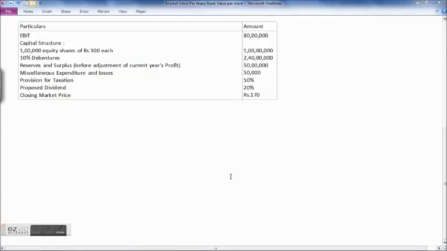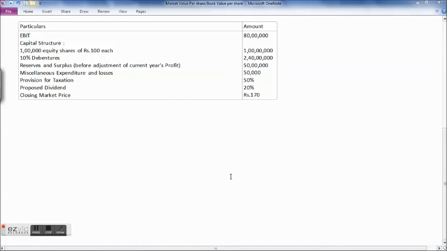So particulars and the amount: EBIT 80 lakhs, then capital structure, 1 lakh equity shares of rupees 100 each, 1 crore, 10% debentures 2 crores 40 lakhs, reserves and surplus before adjustment of current year's profit 50 lakhs, miscellaneous expenditure and losses 50,000, provision for taxation 50%, proposed dividend is 20%, and closing market price is 170 rupees per share.